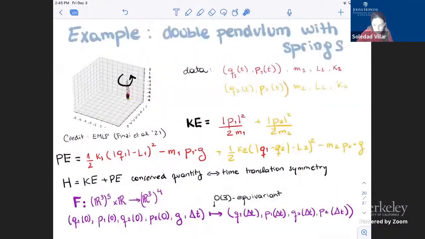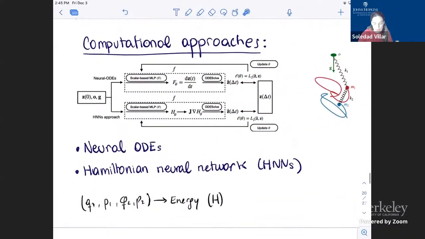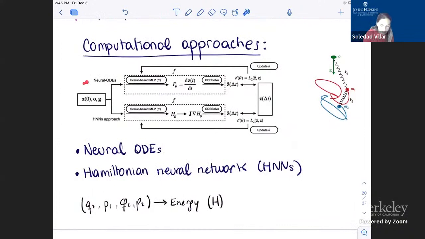And the way we can do this is by two approaches. One is called the neural ODE approach, which basically, given the observations, you learn a differential equation that your data satisfies, and then you use an ODE integrator to make your predictions.